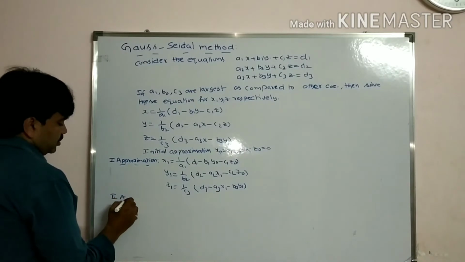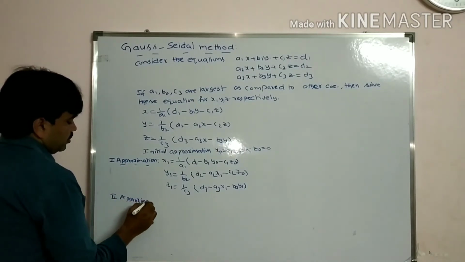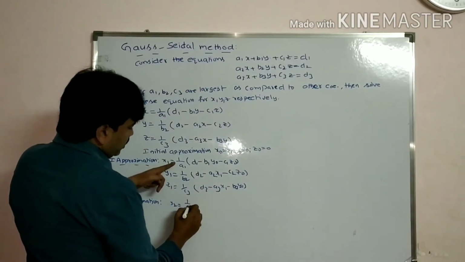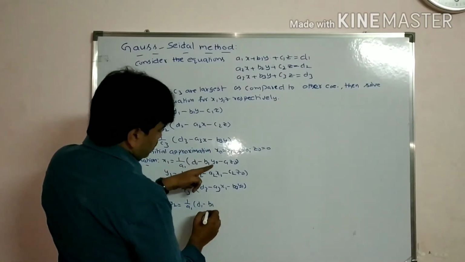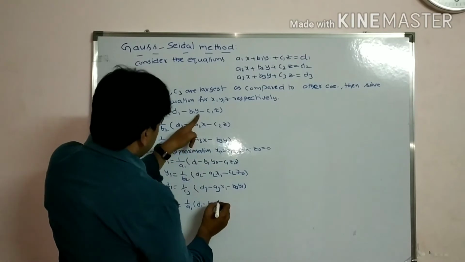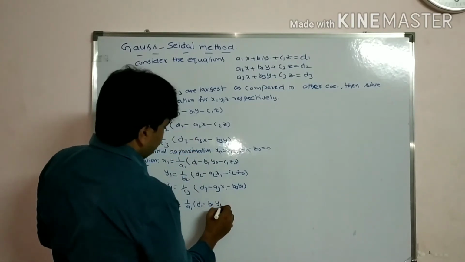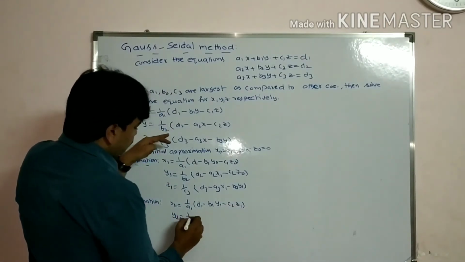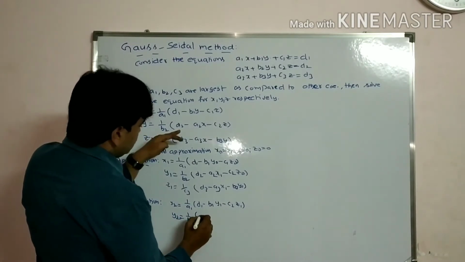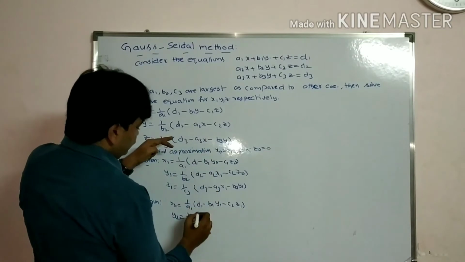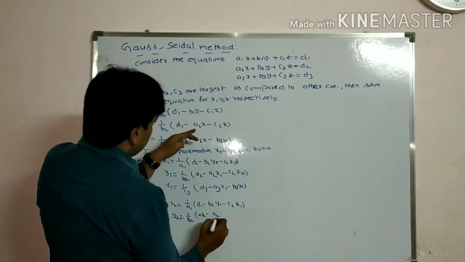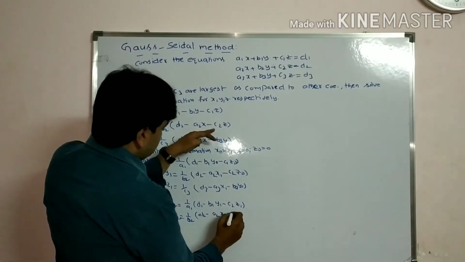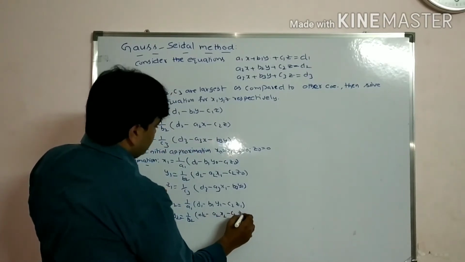Now the second approximation. What is the second approximation? x2 is equal to 1 by a1 into d1 minus b1 y1 minus c1 z1. Then y2: 1 by b2 into d2 minus a2, we have already found x2, so you write x2 minus c2 z1.